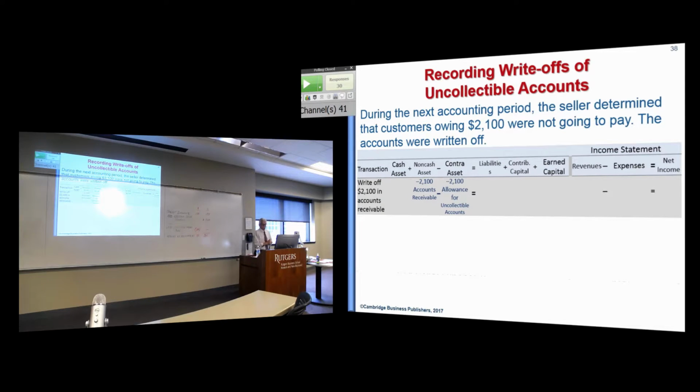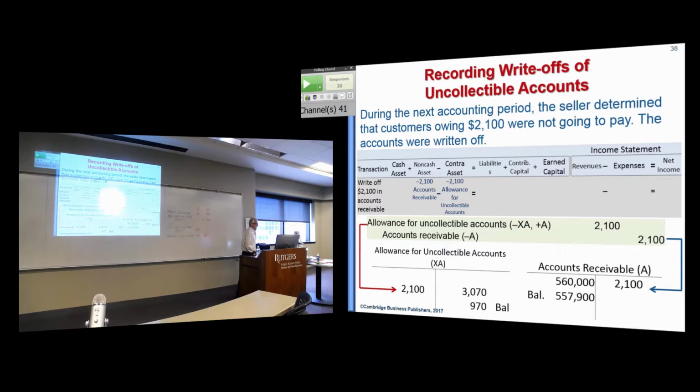If you look at the equation, in this case, there is absolutely no effect on revenues, expenses, net income, or earned capital or retained earnings. The entry is a debit to the allowance account and a credit to accounts receivable. You write the account off against the allowance. There is no expense on the write-off.